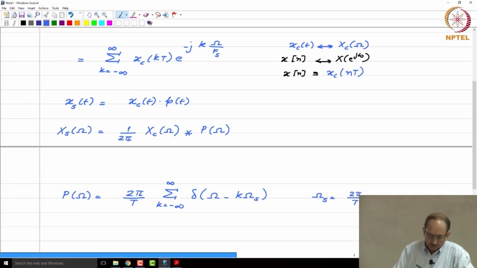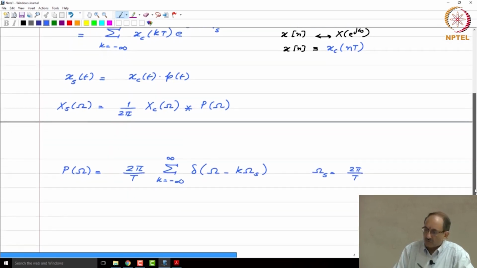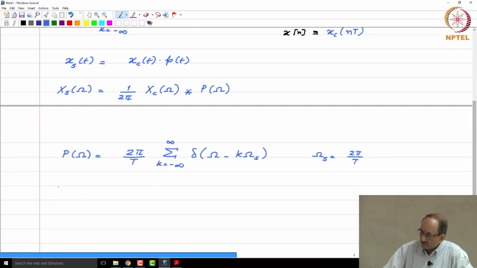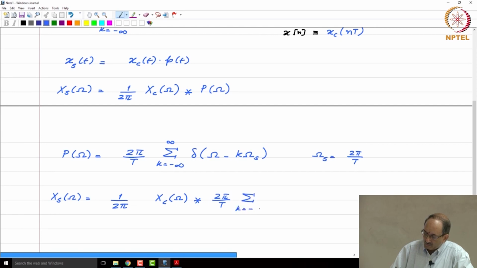So, this is all from what you have learnt in the previous course, and hence xs of omega is now 1 over 2 pi xc of omega convolved with 2 pi by cap t, k going from minus infinity to plus infinity, delta cap omega minus k times omega s.